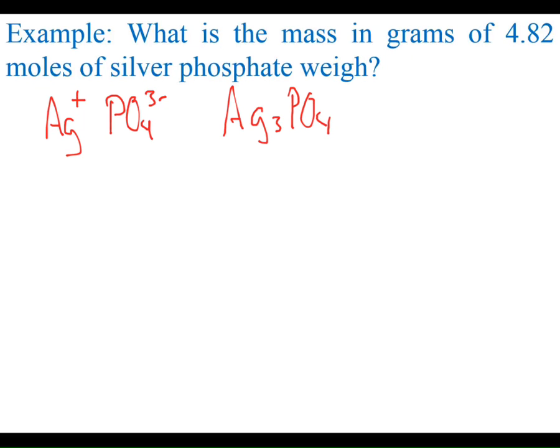Ag3PO4. Okay, add it up. Add up Ag3PO4. Get your periodic table, grab your calculator. 3 silvers, a phosphorus, 4 oxygens.